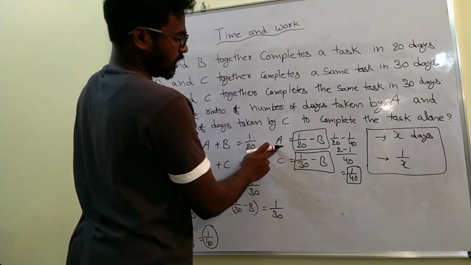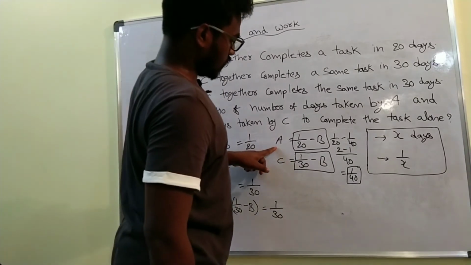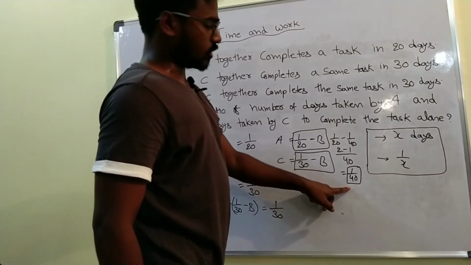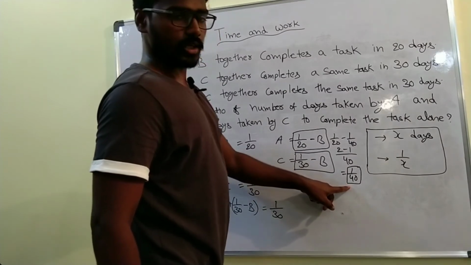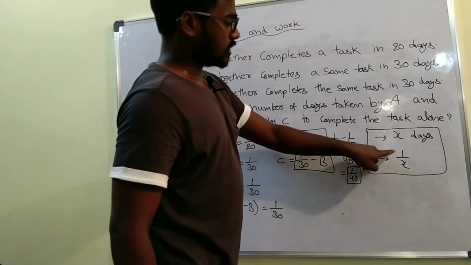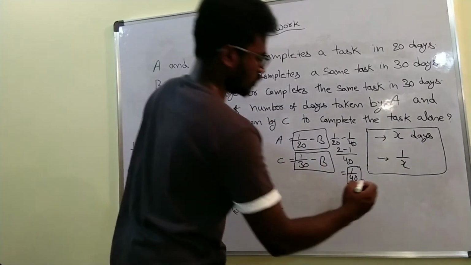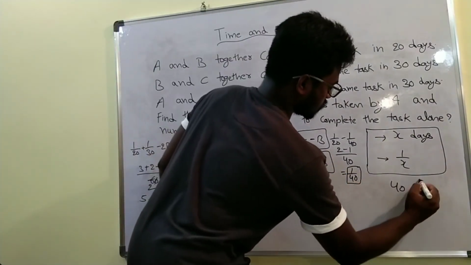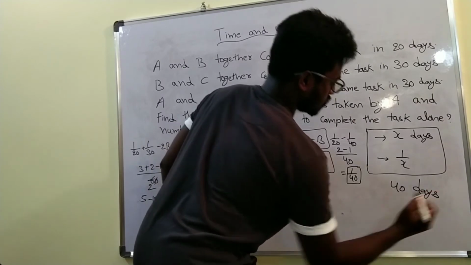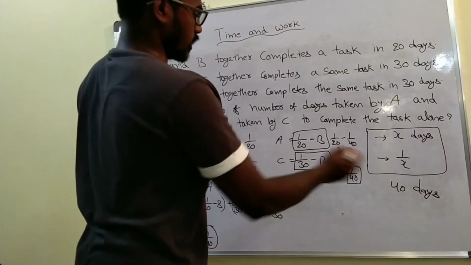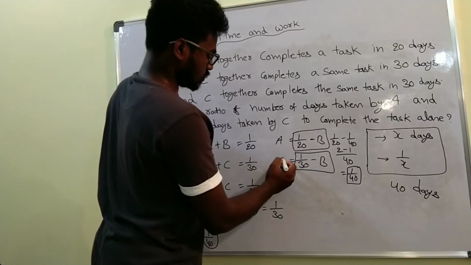If A's work is 1 by 40th of the work in one day, how many days will he take to complete? If 1 by x is done in one day, then it takes x days. So A can complete the task in 40 days.